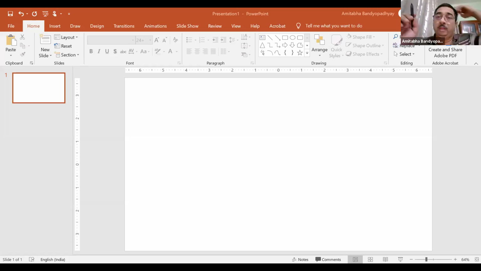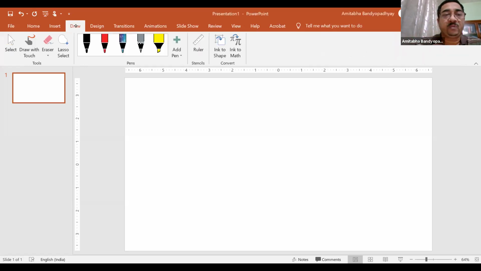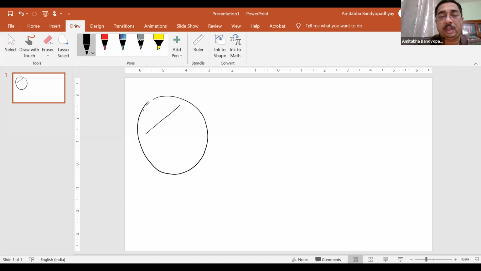Okay, so let us say, for the sake of simplicity, I am only keeping 2 chromosomes here, and 1 chromosome I am drawing with a wiggly line.